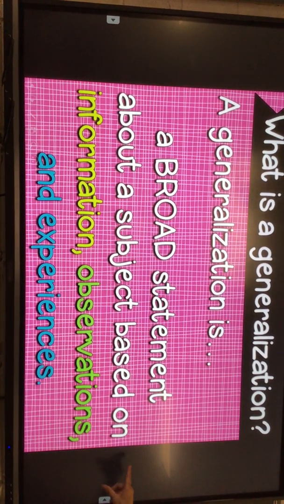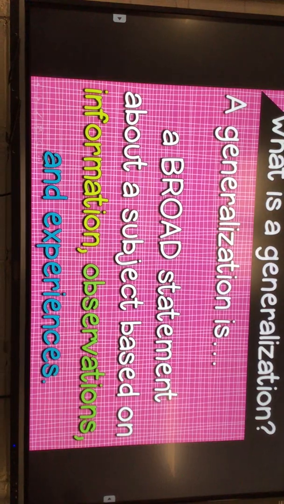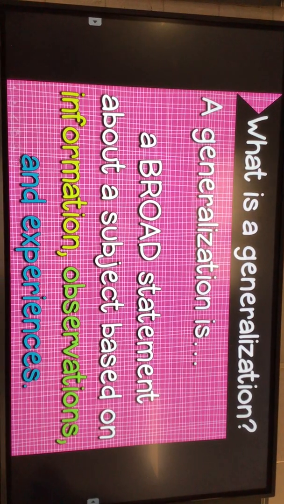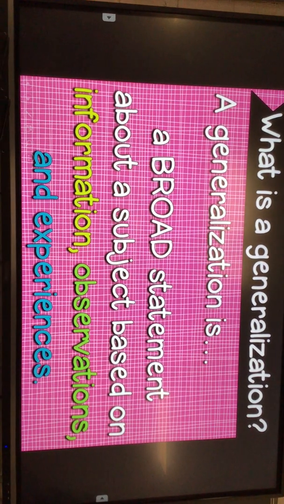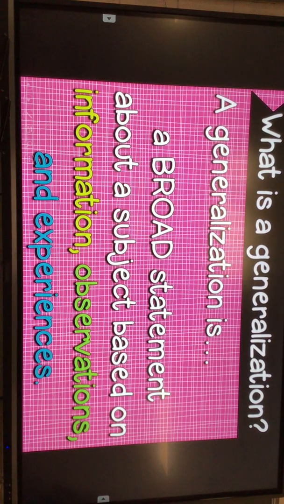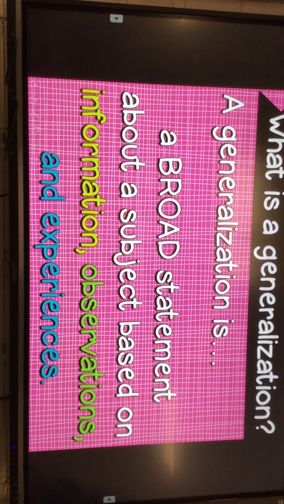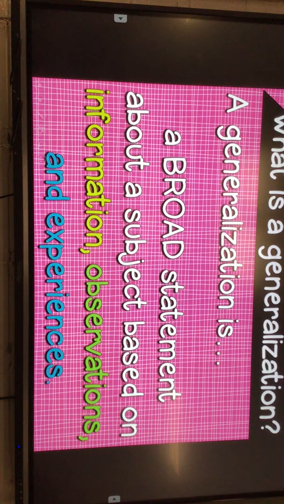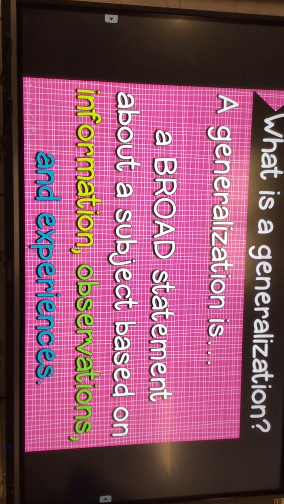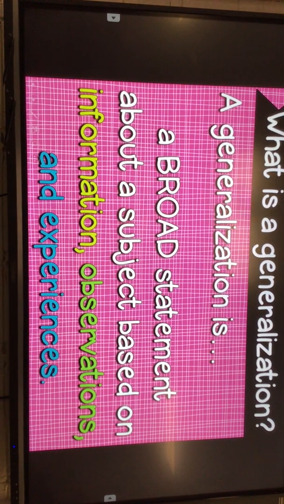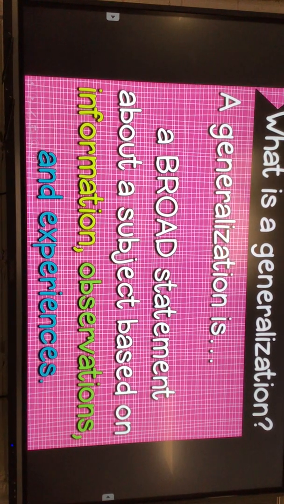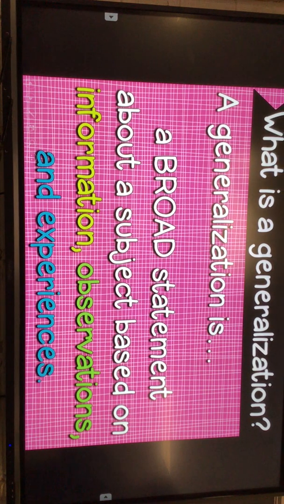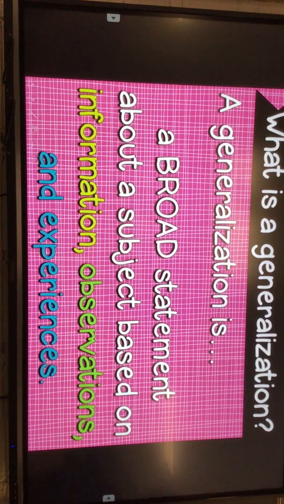Okay, information, observations, and experiences. Those are your three circles at the top. You can write them in the three circles or the three lines.